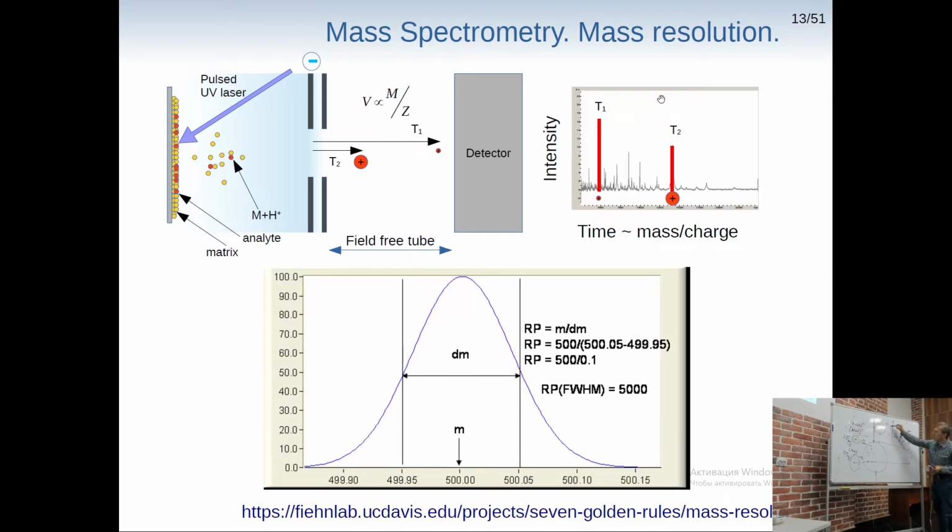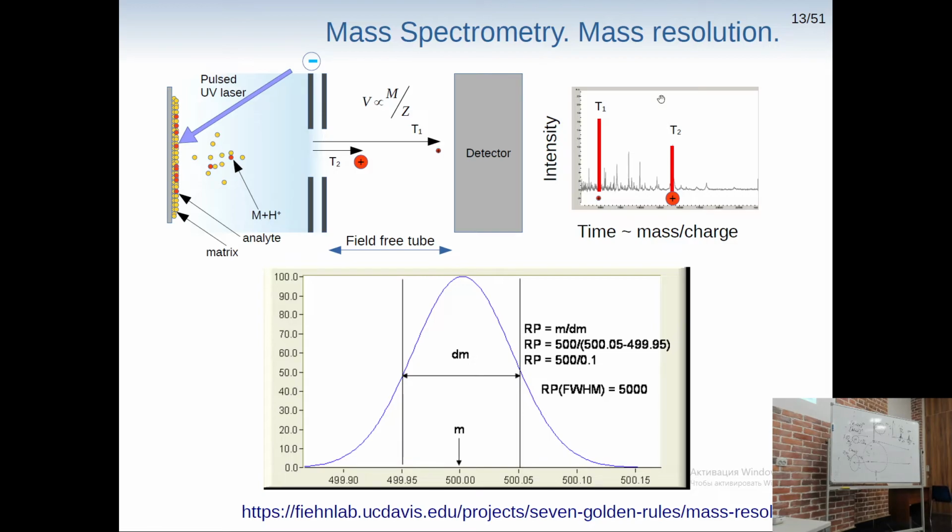It is an intensity, so the number of ions. It will never be infinitely narrow, but the smaller the peak, I mean the sharper it will be, the higher will be the resolution of our mass spectrometer. Of course, the higher the resolution, the easier it will be for us to identify those peptides, identify our proteins. So it's really nice to have high resolution.